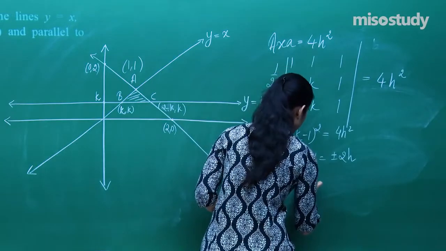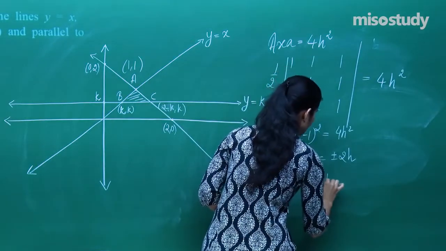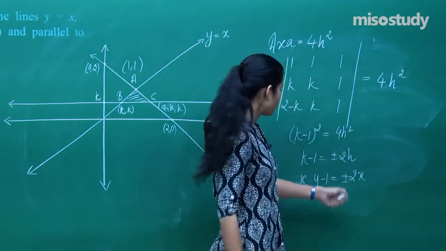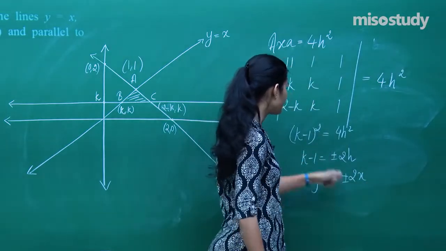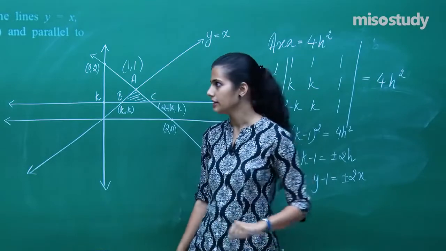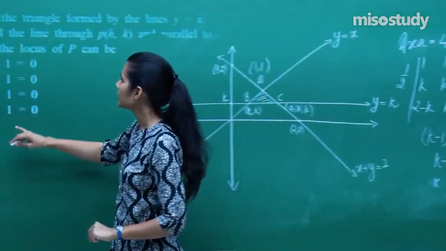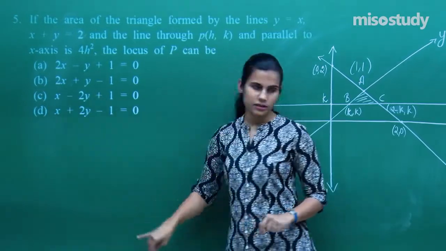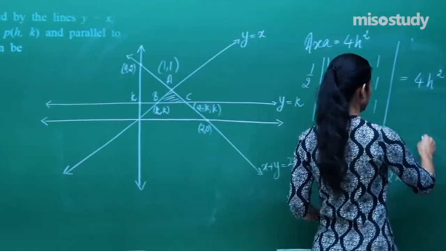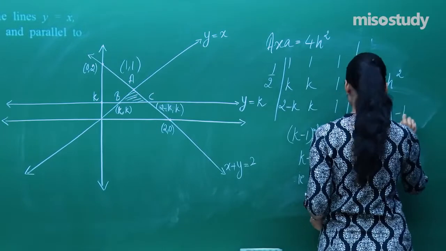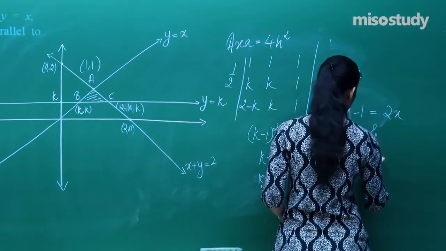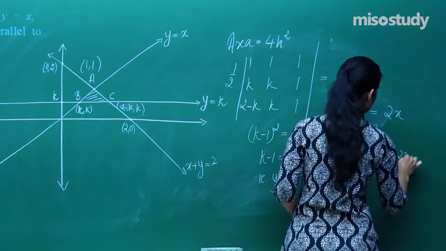That means y minus 1 equals plus minus 2x. So y minus 2x equals 1 and y plus 2x equals 1. Or you can also say from here, y minus 1 equals 2x and y minus 1 equals minus 2x.